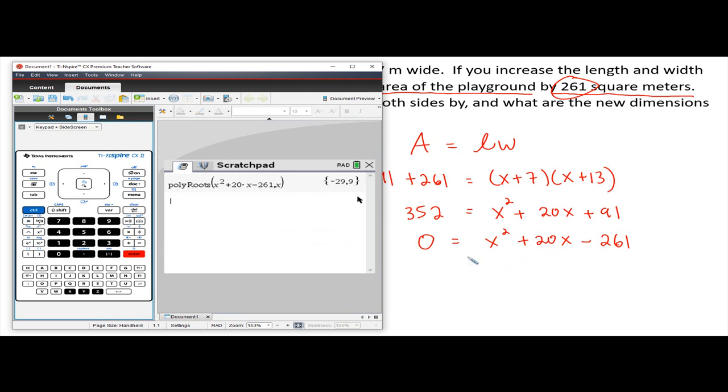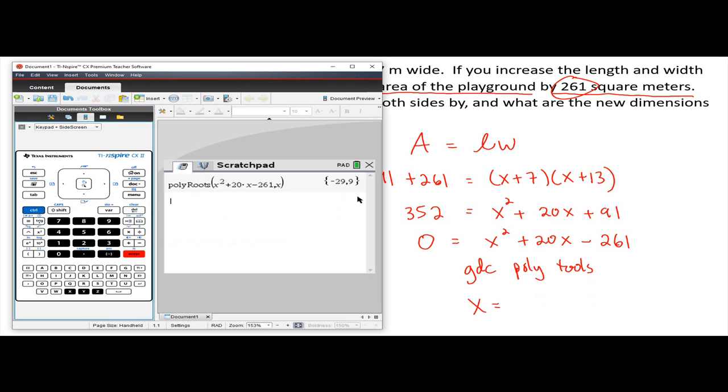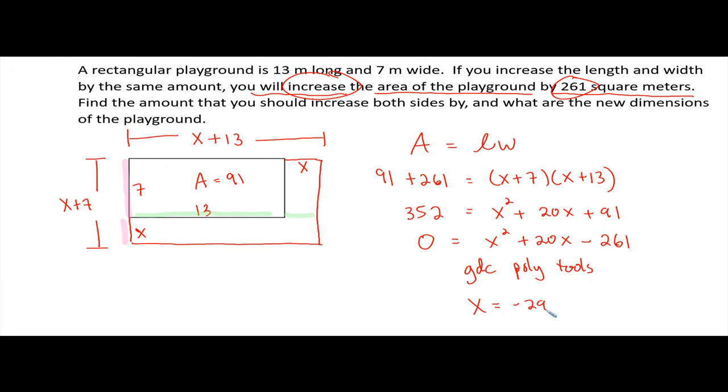and then we get our solutions. Using the polynomial tools, we find out that x is equal to negative 29, and x is equal to 9.